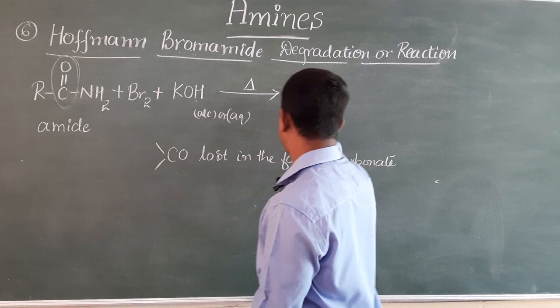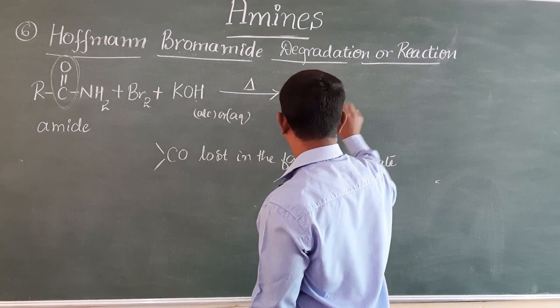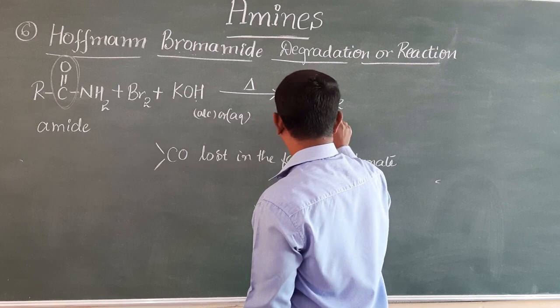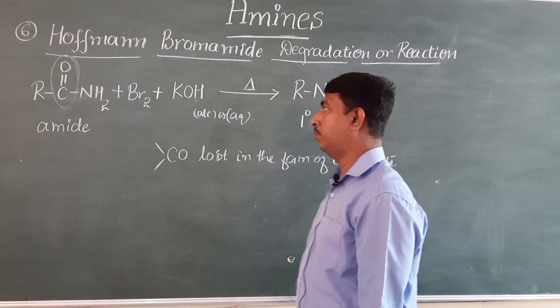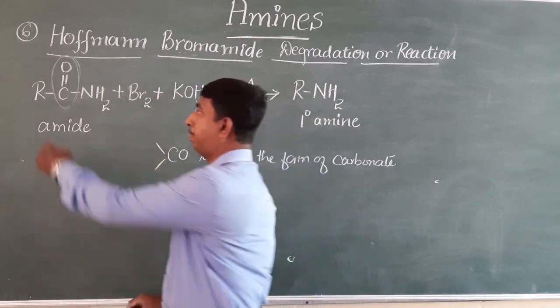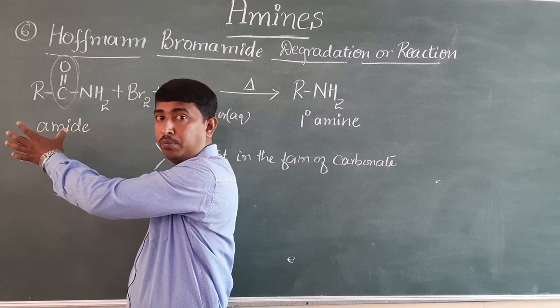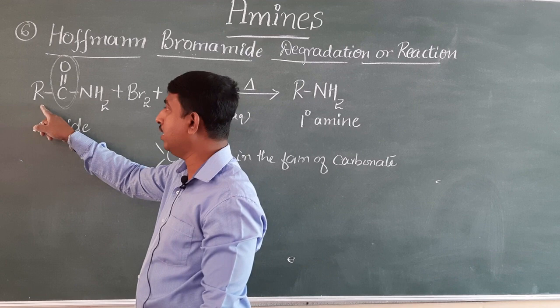It is RNH2, which means primary amine. So during Hoffman bromide degradation, migration takes place.